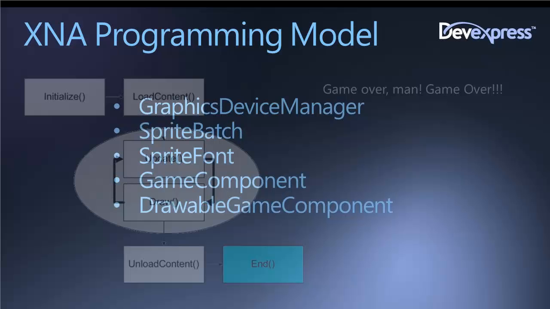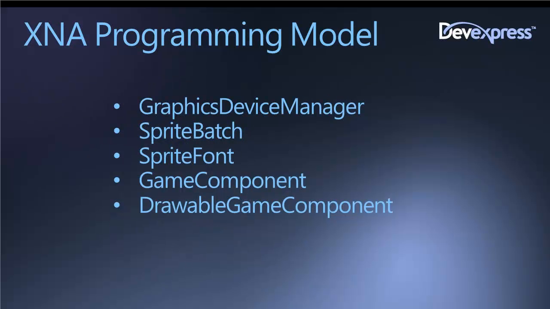So continuing on with the XNA programming model, there's a few key classes and objects I definitely want to highlight. The first of those is the graphics device manager. This gives you an abstraction to the actual graphical hardware. So in the good old days of game development, programmers had to write a lot of really nasty code in order to push the graphics cards to do stuff for them.